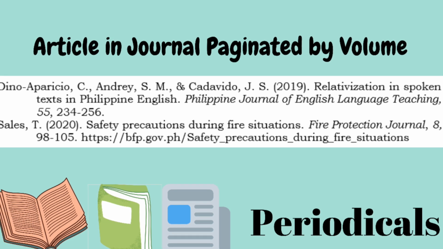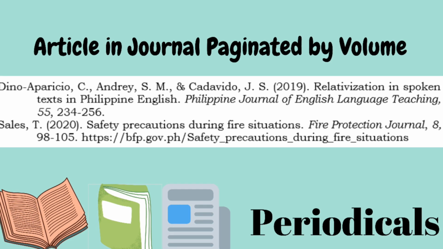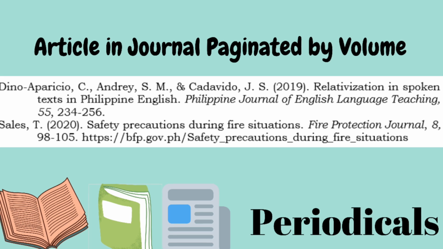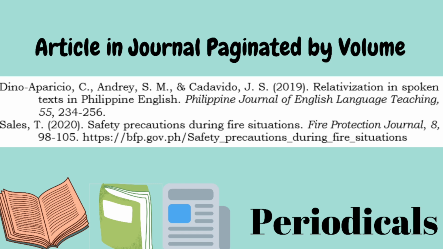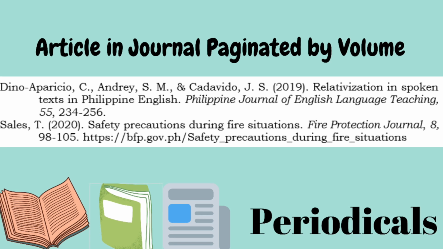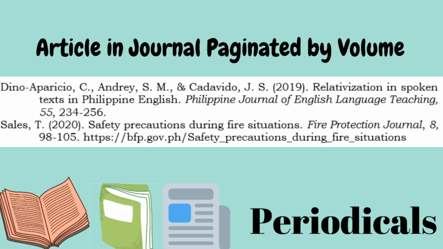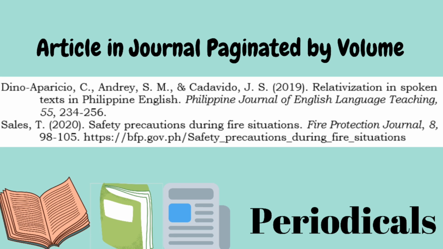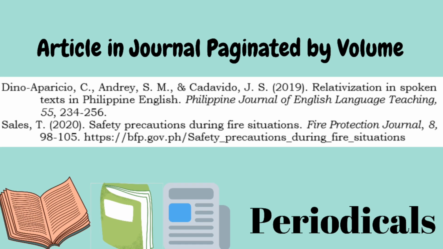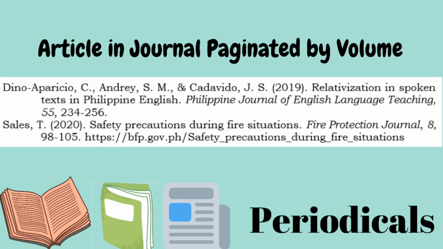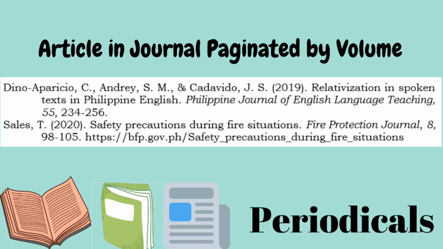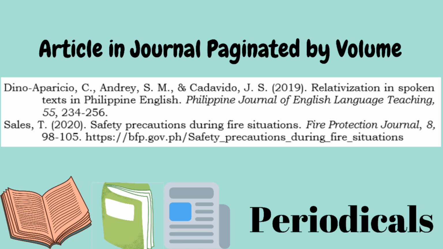What if it's coming from an online source? Do it this way. Write the author, Sales, comma, T. period, 2020 in parentheses, the copyright year, then the title of the article, Safety Precautions During the Fire Situations. Only the letter S, the beginning word, is capitalized, then period. Write the title of the journal, Fire Protection Journal.